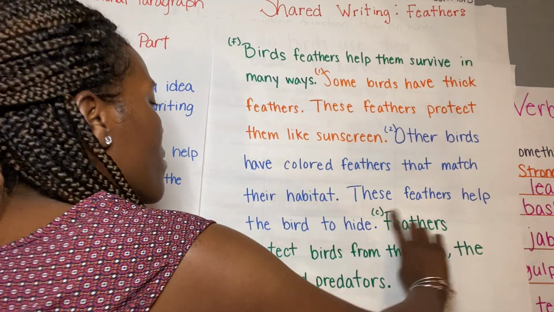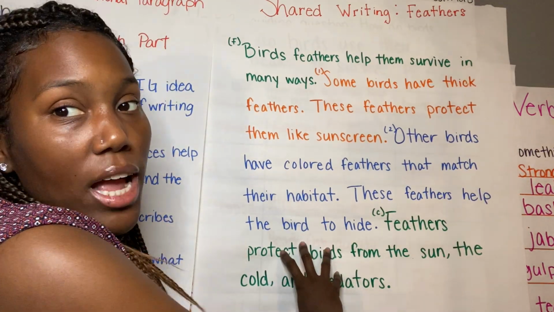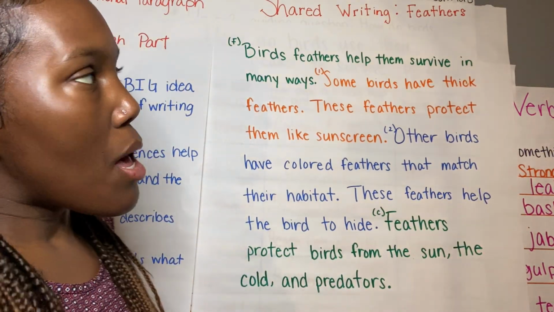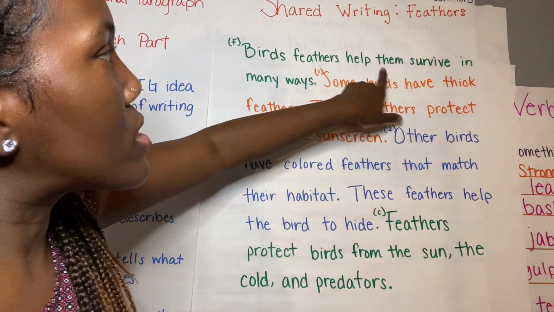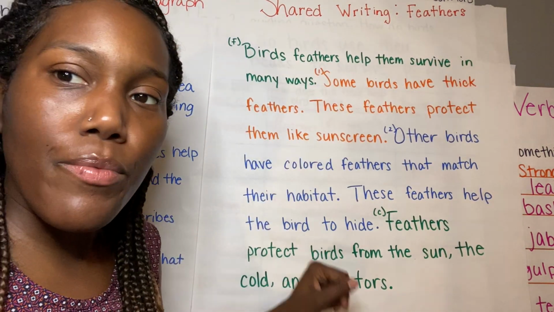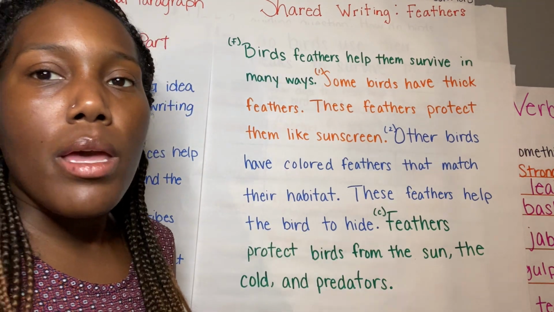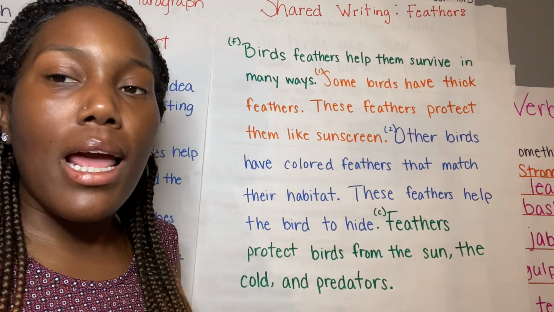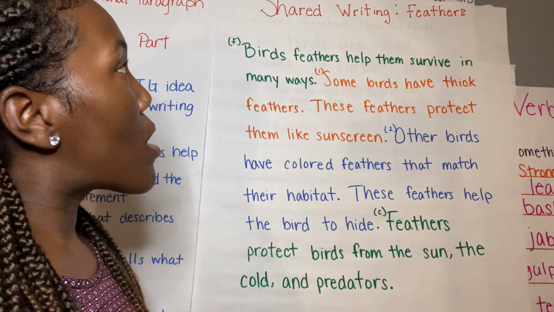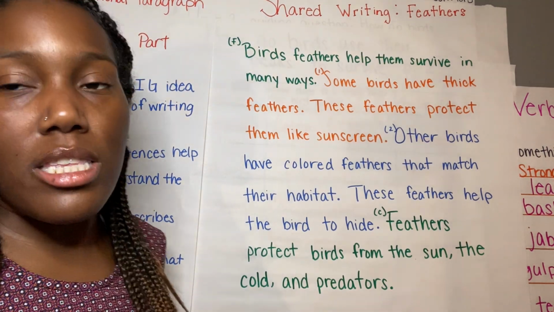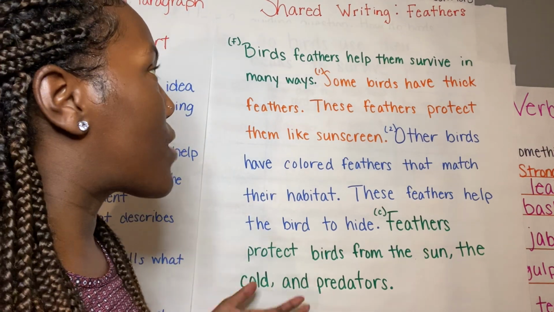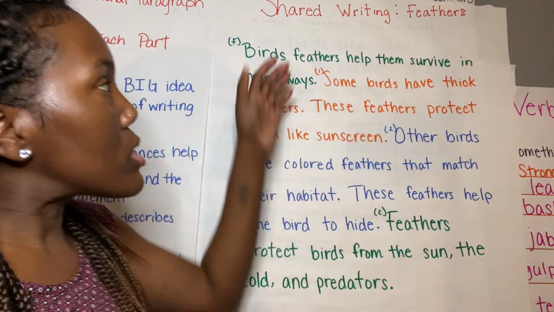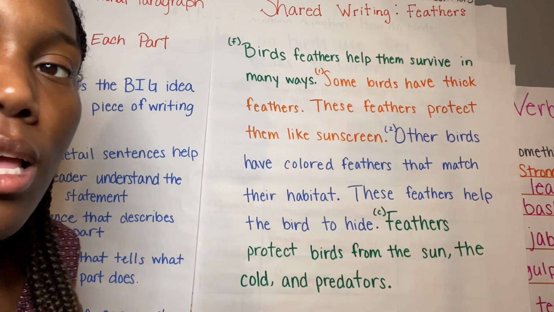So we put all of that in our final conclusion sentence, and it reminded our reader of how birds' feathers help them survive in many ways. It wrapped it all up, and it gave you again the main idea or the big idea of our point of writing this piece. We've informed the reader of how birds use their feathers in many ways. We did a great job writing this.